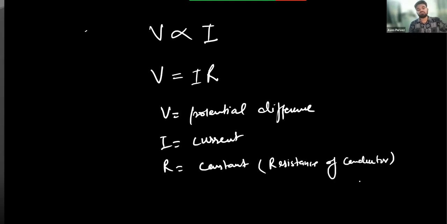So what is the resistance of the conductor? You can write one more time: V is directly proportional to I. Then we have some constant, V is equal to IR.